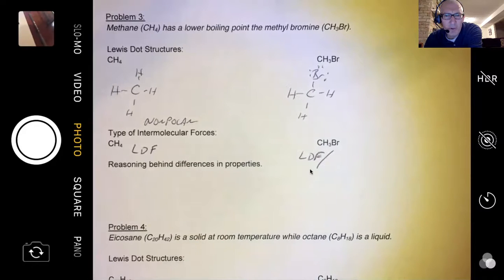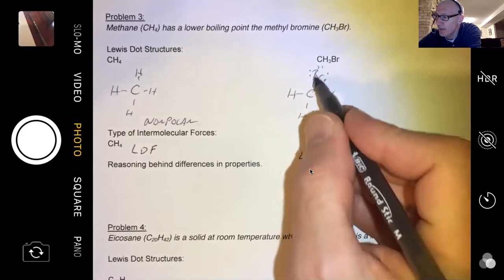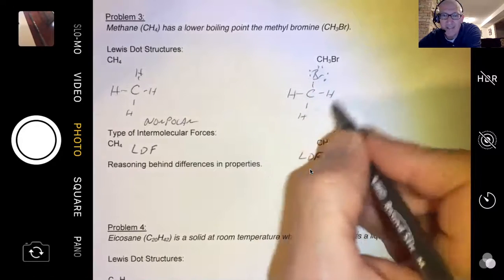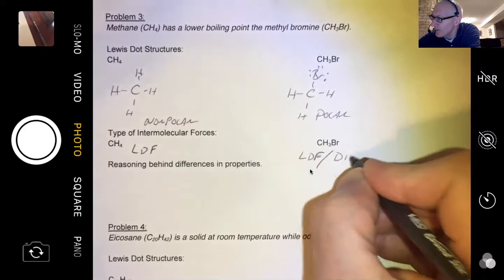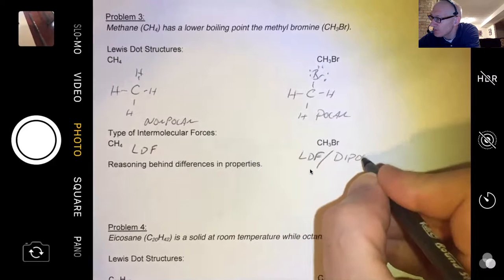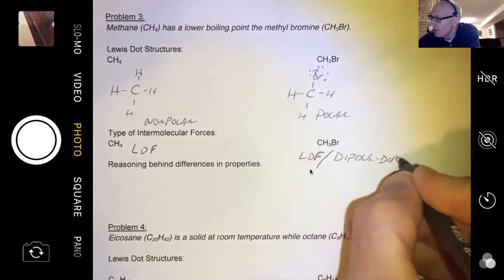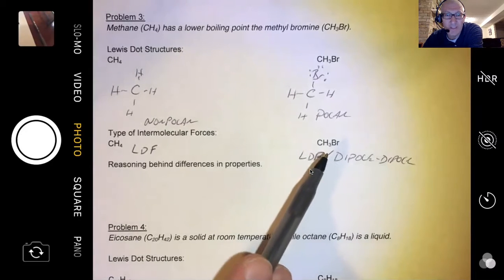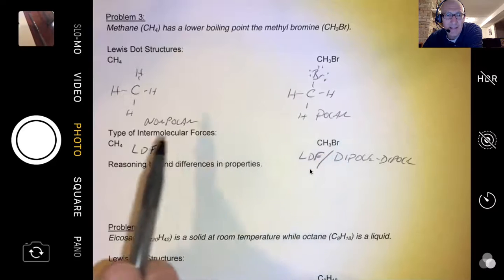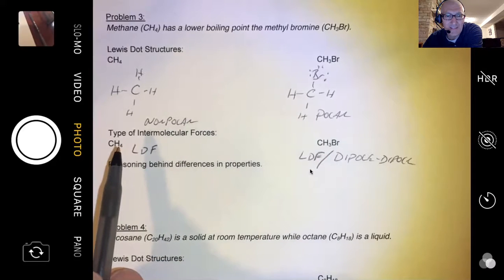Is this going to be polar? Yeah, it is actually, because this is going to be a polar bond, and it is definitely asymmetrical. So we're going to end up with a polar bond. So not only do we have London dispersion forces, we also have dipole. And so at that point, we know that CH3Br is going to hold on to its neighbors more tightly than CH4 would hold on to its neighbors.